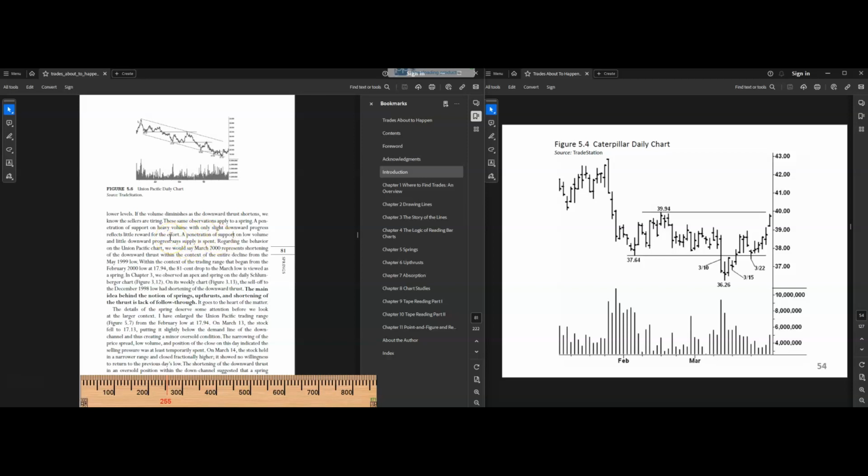If you have a spring on heavy volume and little range or little thrust, it means effort versus reward. If you have a spring on low volume and a small bar, that means selling is weak. So these are just two interpretations of springs.